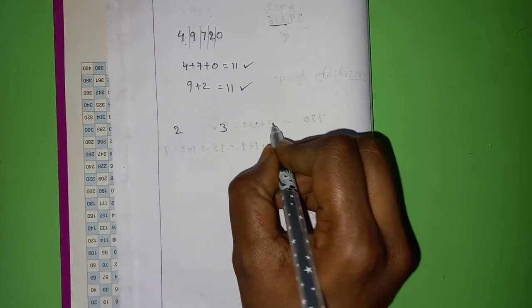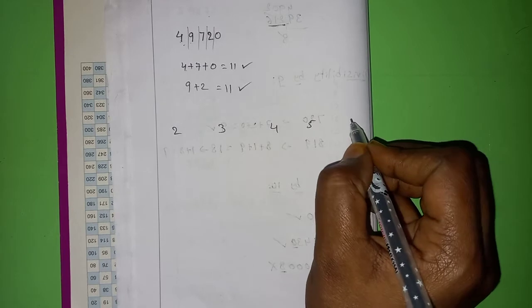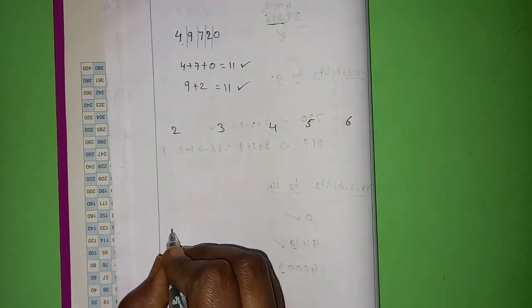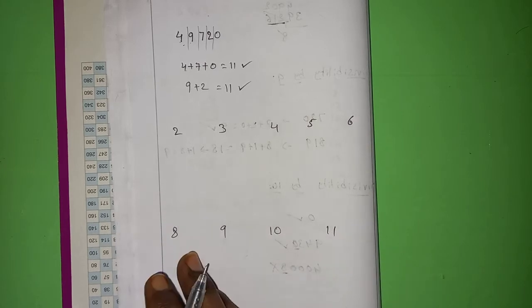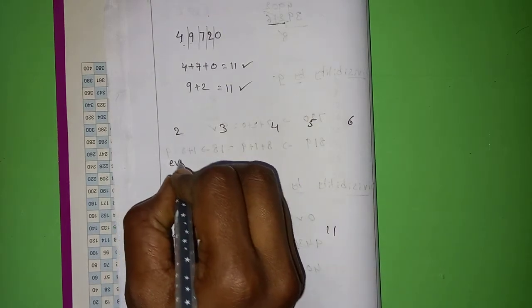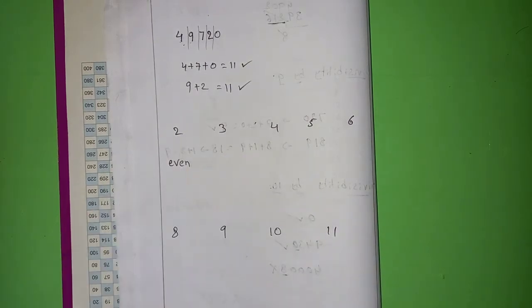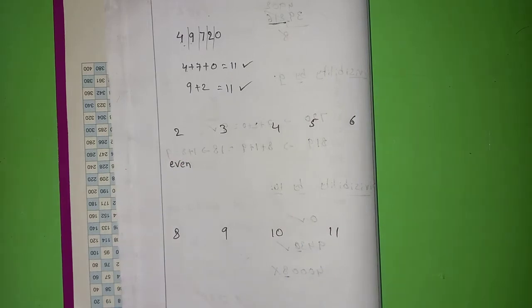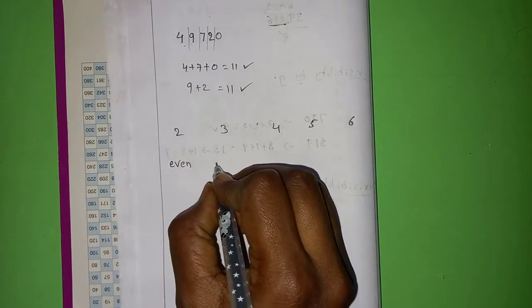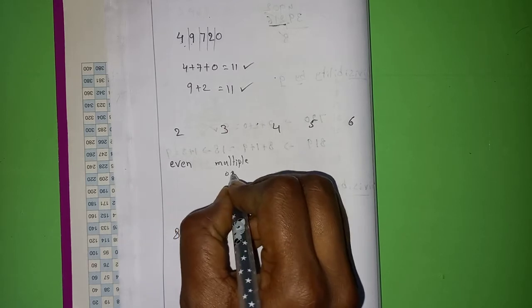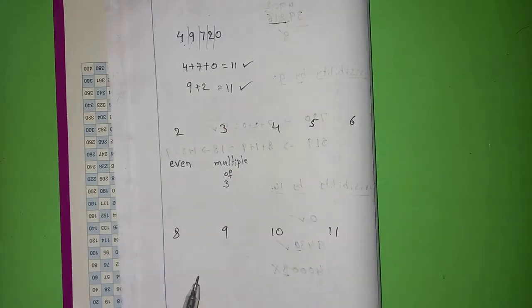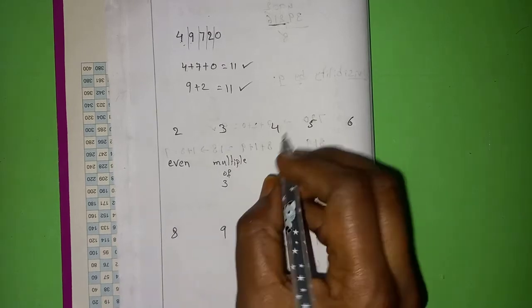Now I am going to explain all the numbers one more time. If the number is even number, then that number is divisible by 2. If the number is multiple of 3, that number is divisible by 3.